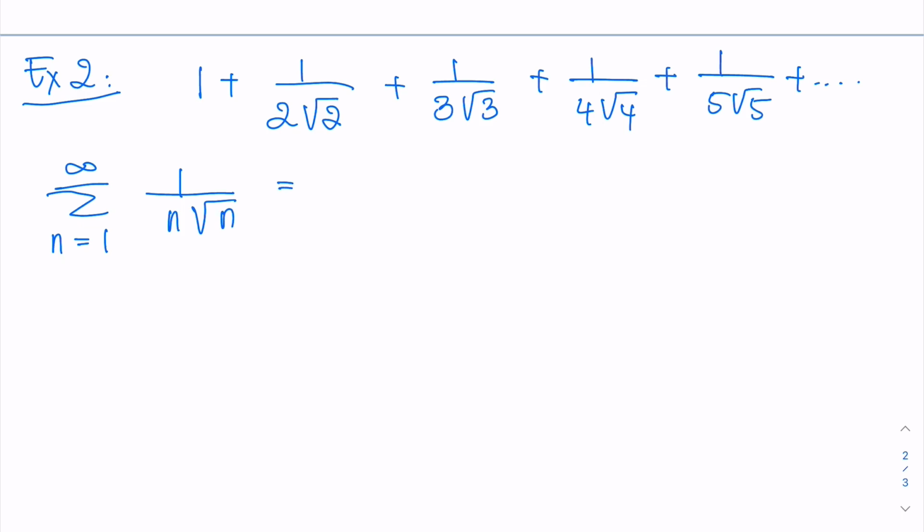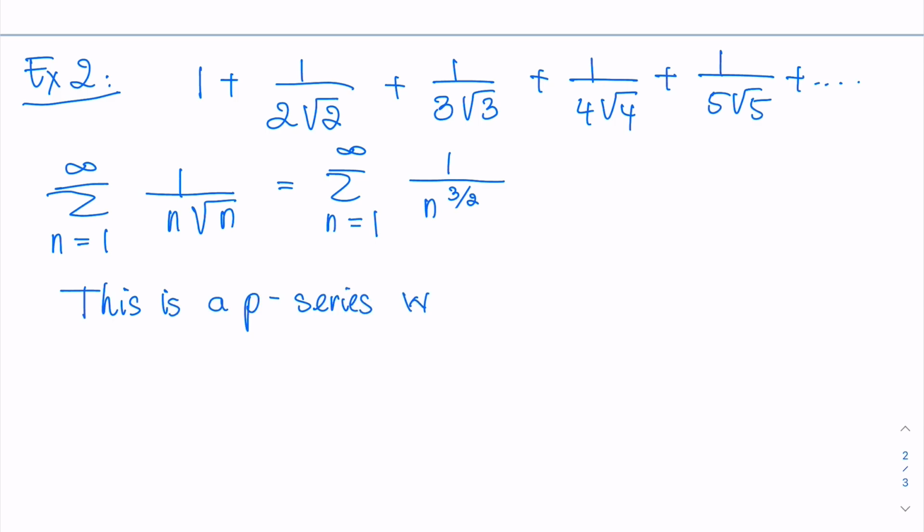If I rewrite and change the square root into a fractional exponent, I get n to the 3/2 power. So this is a p series with p equal to 3/2, and 3/2 is greater than 1. Therefore, we know that this series is convergent.